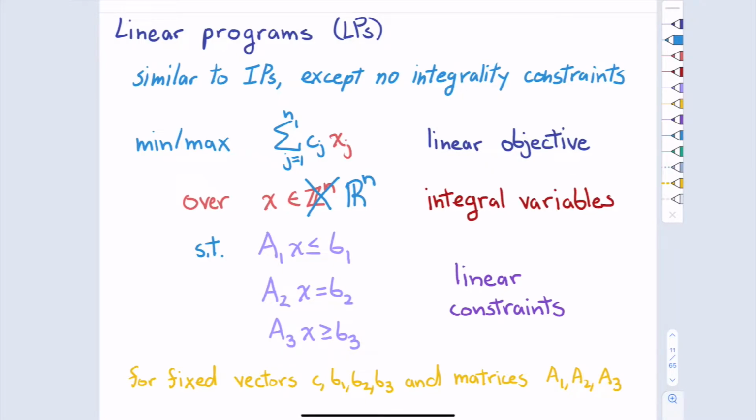So in many ways it's the same thing, but now x1 can be 0.1, or 0.2, or 0.3, or whatever. So I'm now optimizing over a continuous space rather than a discrete one. That's the only difference.